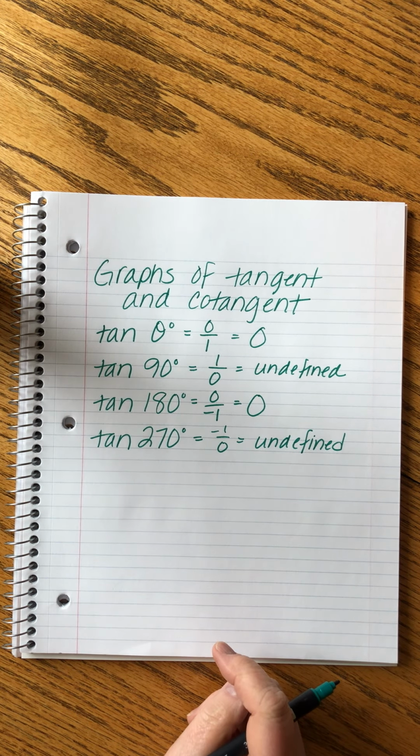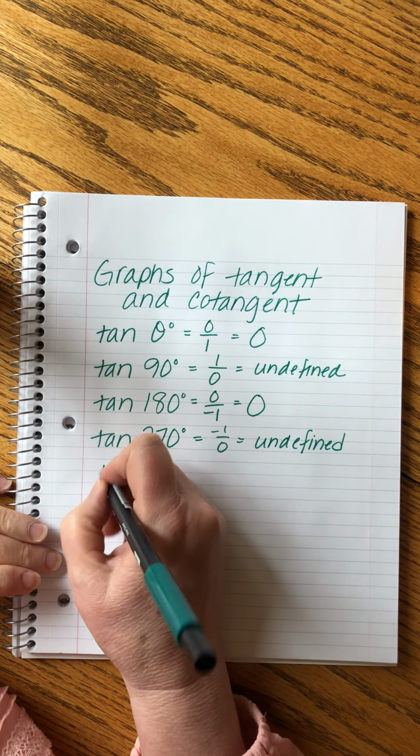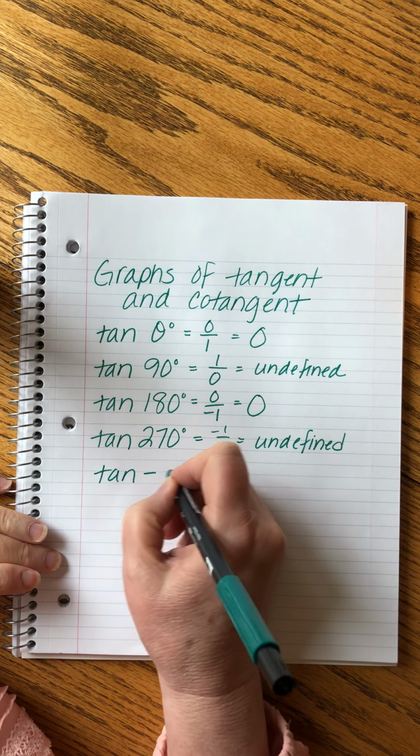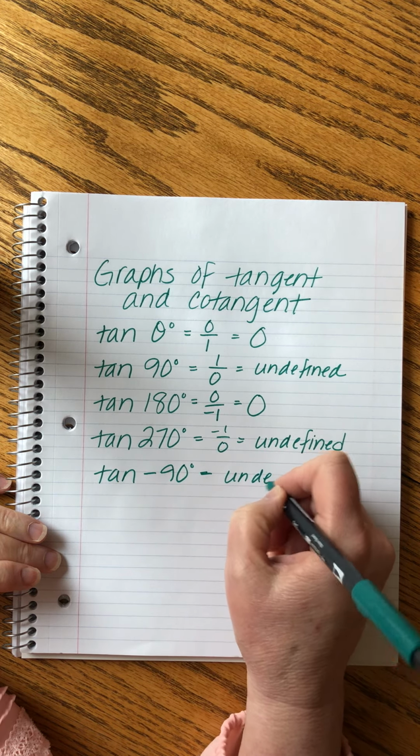Let's just go backwards. Tangent of minus 90 degrees will also be undefined, right?